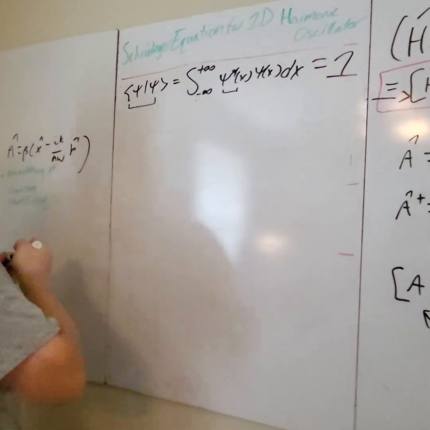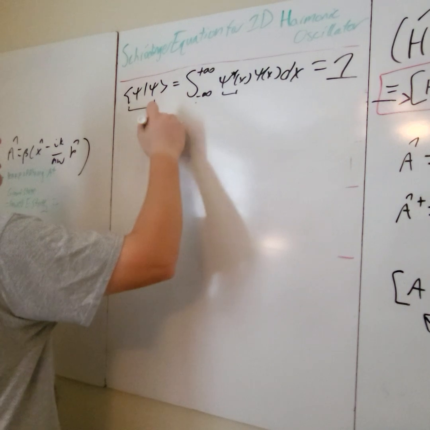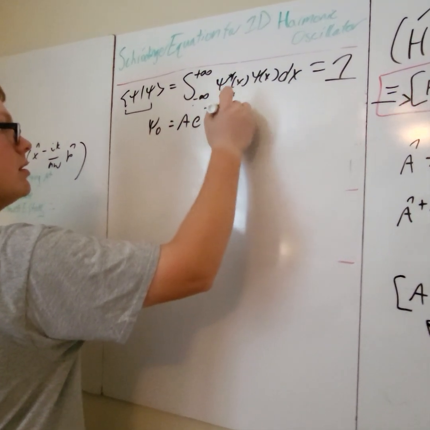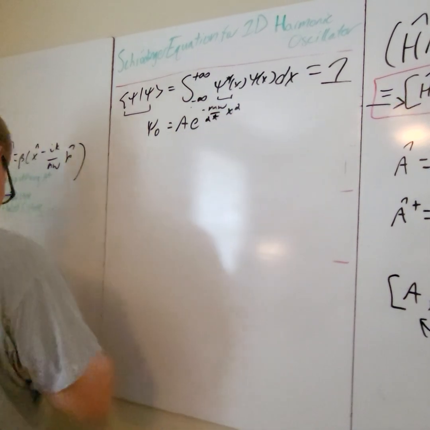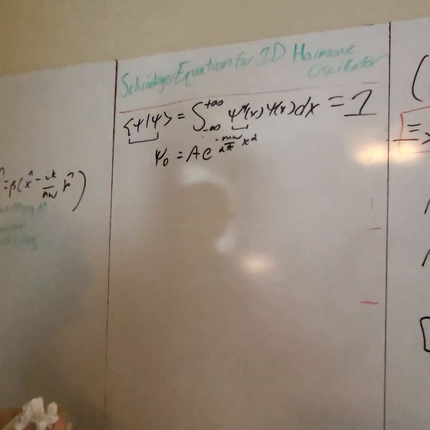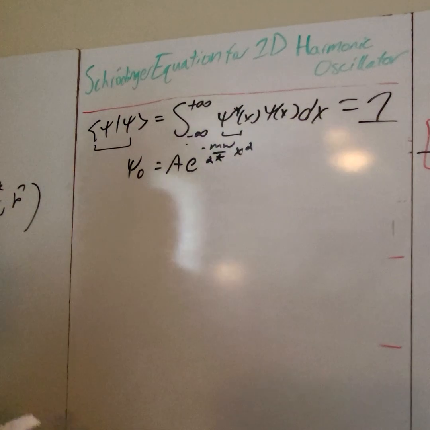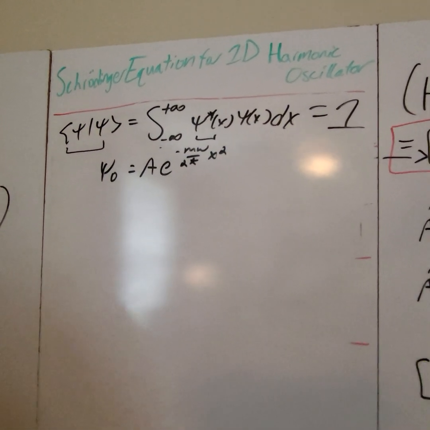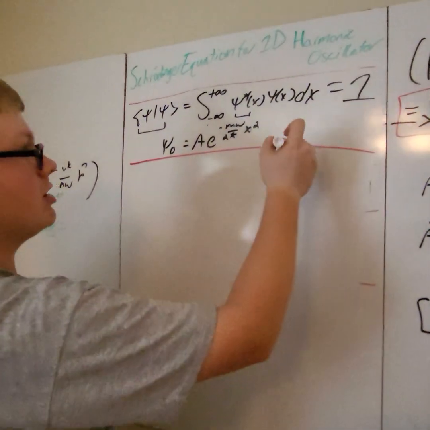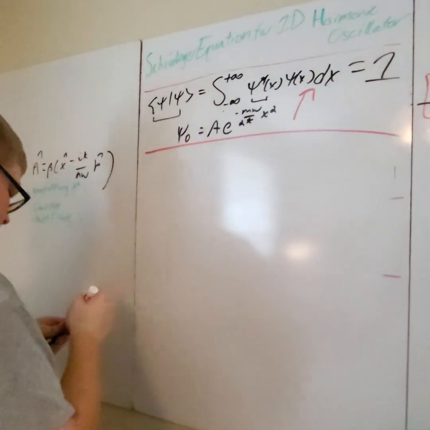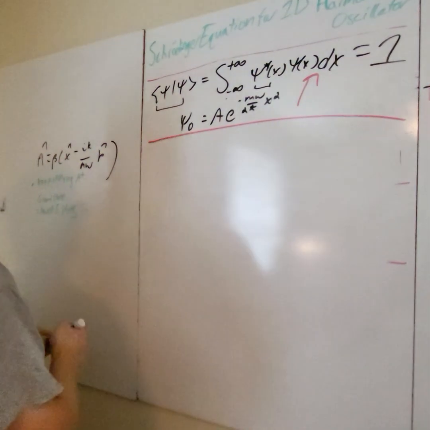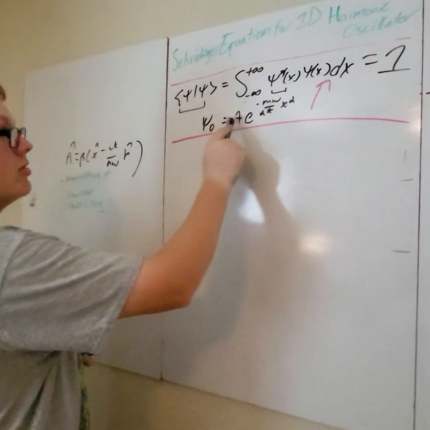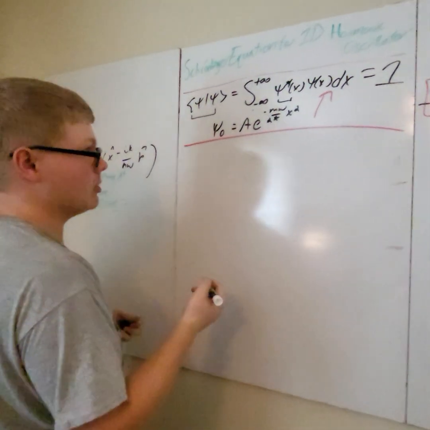And in our case, we're going to compute that there, and we're going to determine what A has to be. We're going to assume that the factor A is a real number.